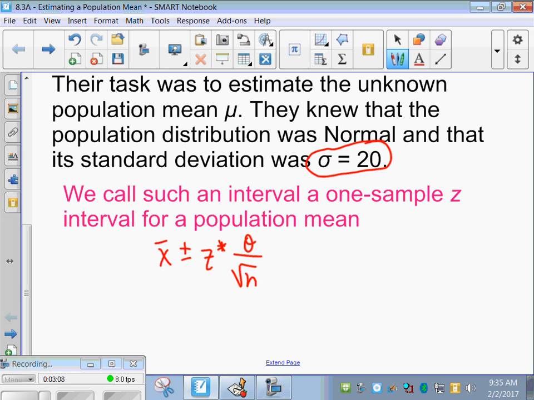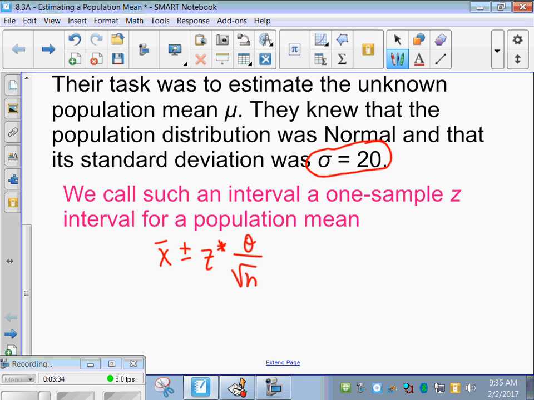Okay, so since we typically don't know sigma, which is the population standard deviation, what do you think we're going to use? Well, we knew 20 in that one. We would use 20 in that one. Good, good. But what did we do last time? We replaced p, guys, with p hat, right? Which was our sample proportion.